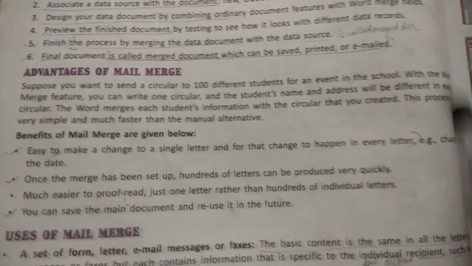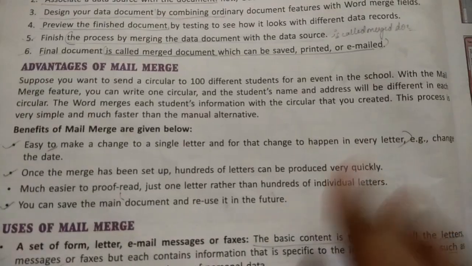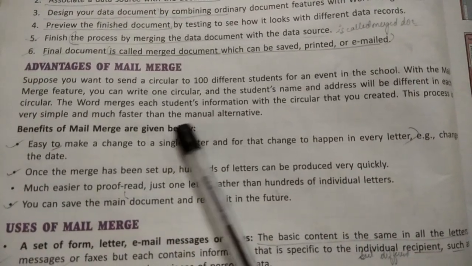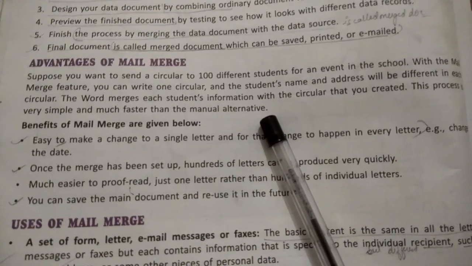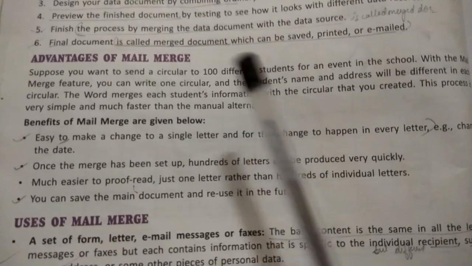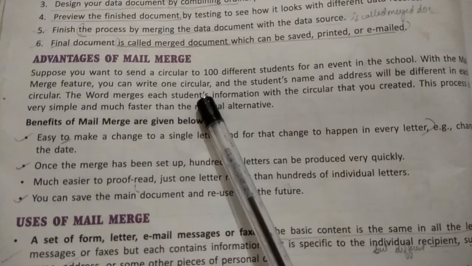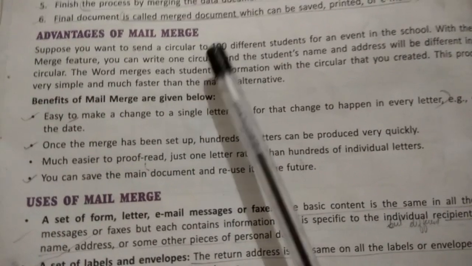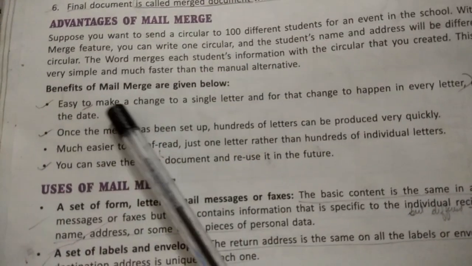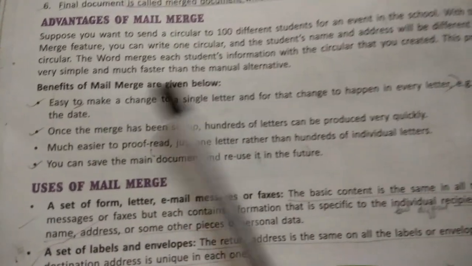This process is very simple and much faster than the manual alternative. So this is the main advantage of mail merge, and this is an example. Now the benefits of mail merge are given below.